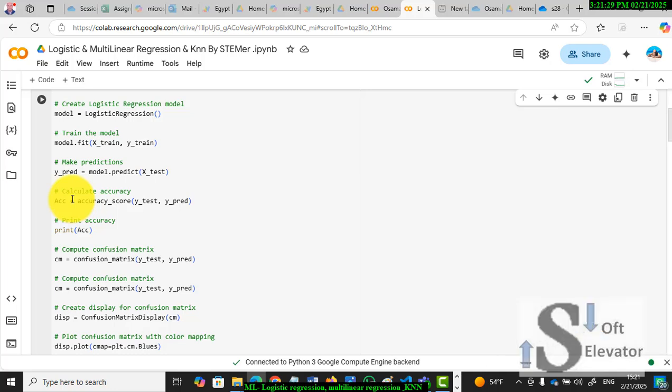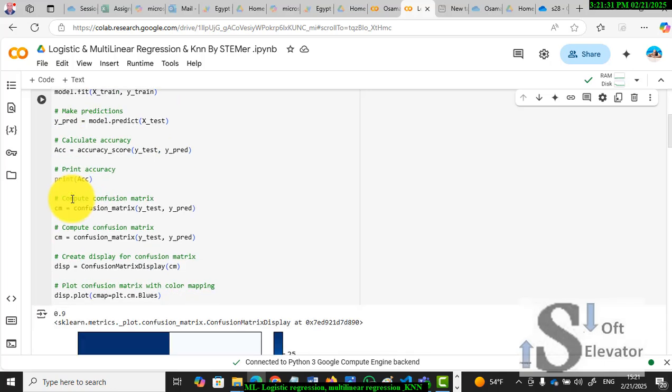y_test and y_pred, and print it. Then calculate the confusion matrix from y_test and y_pred. The confusion matrix we also already calculated, so we delete one of them. We do this.